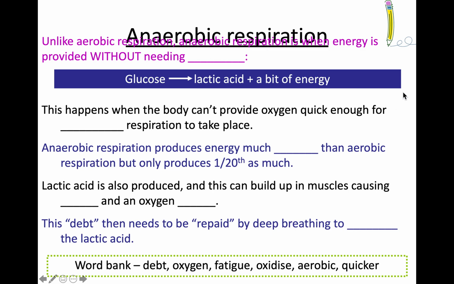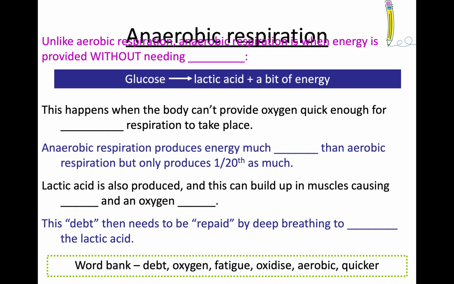Unlike aerobic respiration, anaerobic respiration is when energy is provided without needing what? Needing oxygen. This happens when the body can't produce oxygen quickly enough for aerobic respiration to take place. So it only happens when your body can't quickly respire via aerobic respiration.